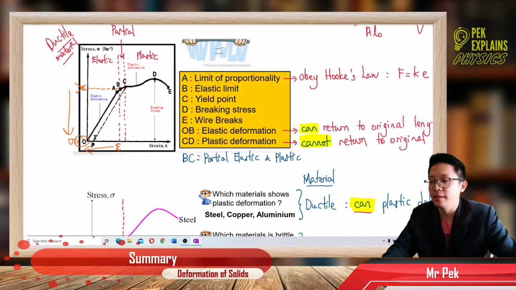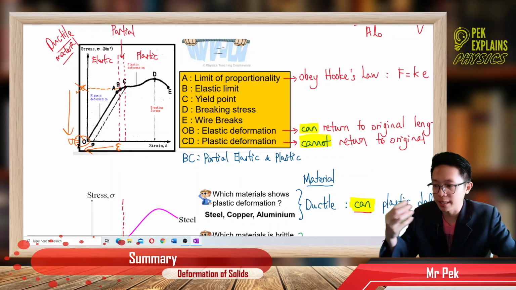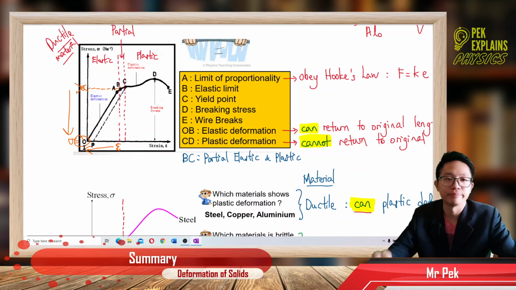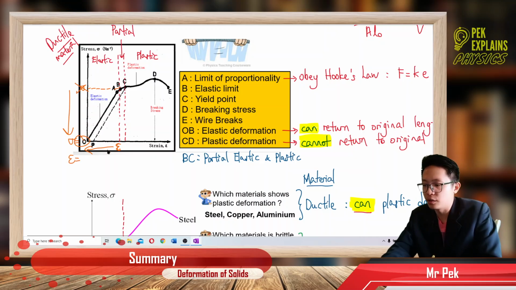That means if you elongate the wire until the point B, when you release, the stress becomes zero and the graph will go back to zero because the strain goes back to zero.